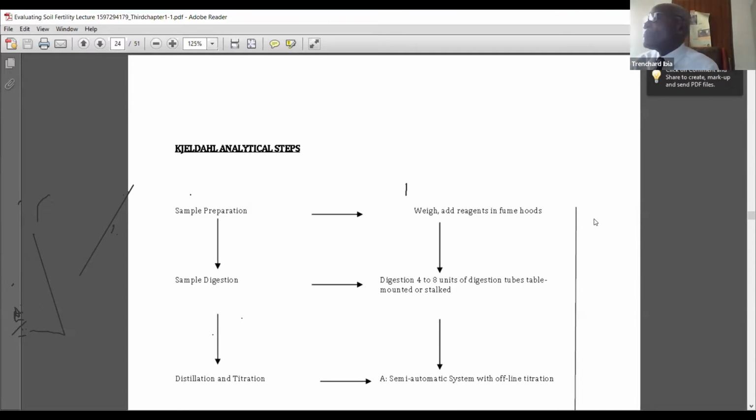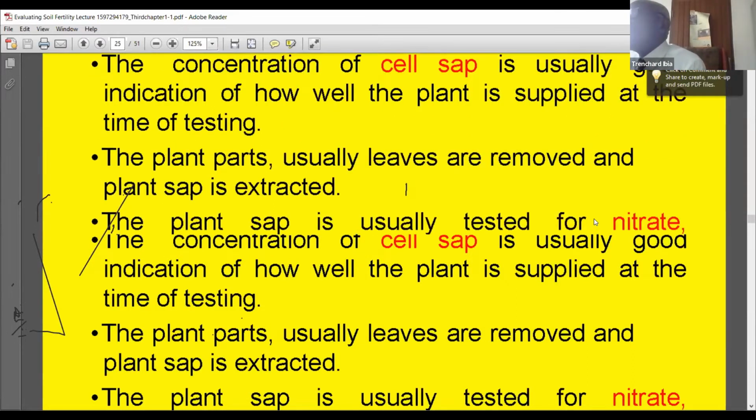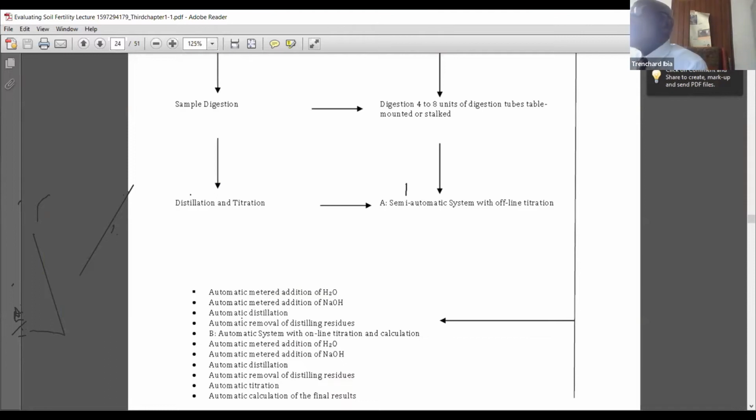Next slide, please. This slide shows Kjeldahl analytical steps. It's a bit tiny, but all the steps, when you get the hard copy or soft copy, you can look at it again. It's just showing the guide in how to do Kjeldahl analysis.